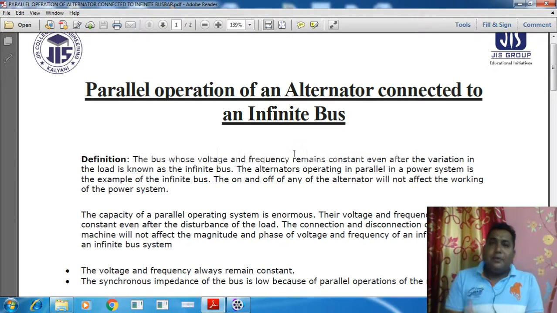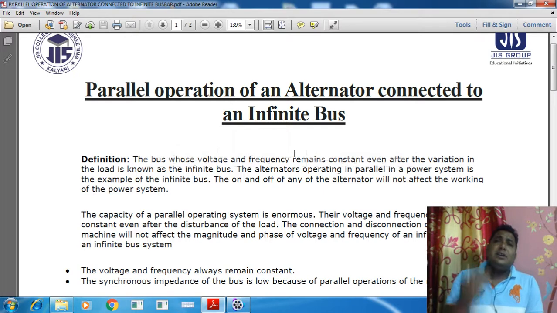Now the point is, when a new alternator is to be connected to the running system, some points we have to take into consideration. In the previous presentation I have already told you those things, so just for remembering purposes, so that we can easily understand the remaining things in this presentation, I am discussing those points with you.